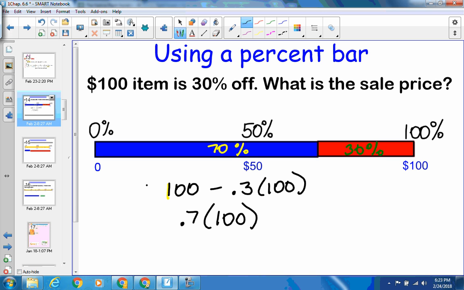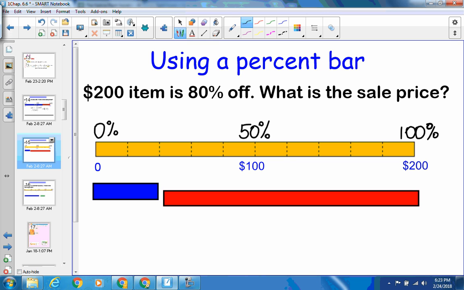Either way, we're going to get the same price, that our sale price would now be $70. So you can do it two ways, and you can also do the part, finding the part, with a proportion, if that's what you prefer.